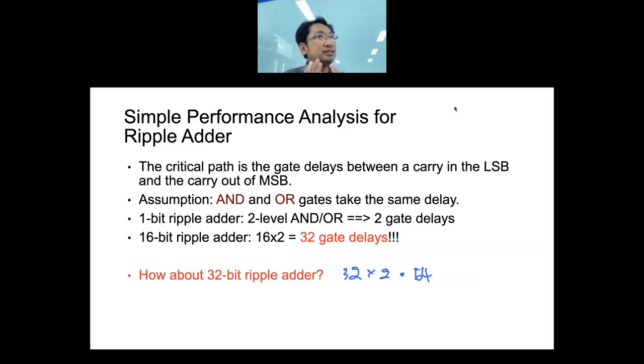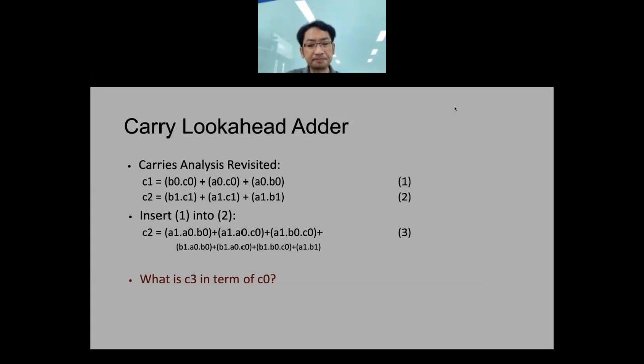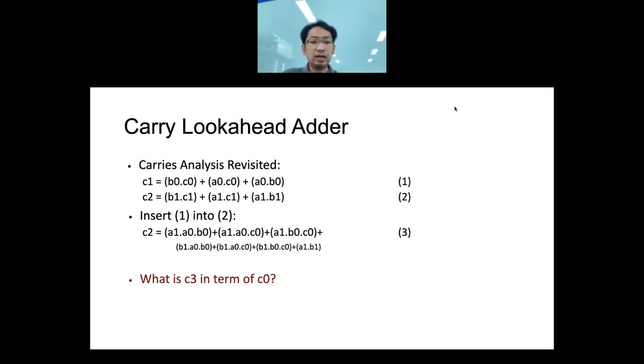Because the gate delay here comes from the critical path, and the critical path is the carry. So if we improve the carry circuit, we will get a better circuit. Look at this. Here is what we call the carry lookahead adder.